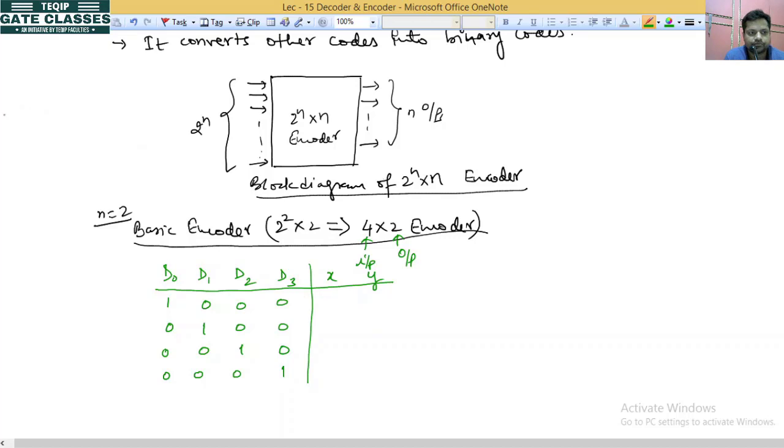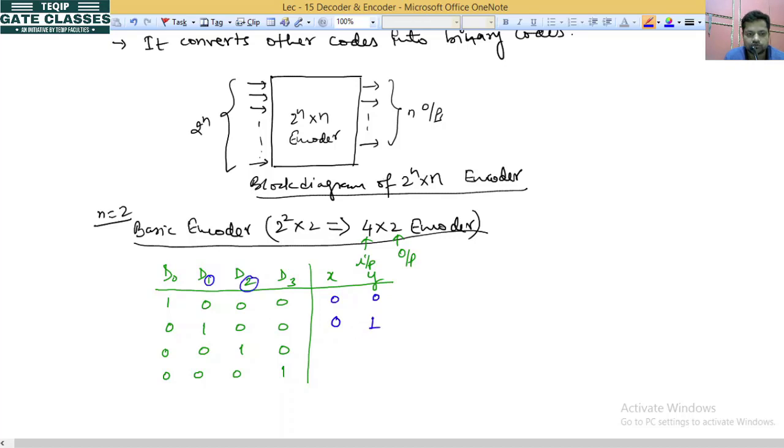So this D0 denotes which one? 0 code, 0 digit. Okay na, this D0 denotes digit 0. What will be the corresponding binary code? It will be 00. D1 denotes 1, so if you write it in binary, it will be 0 1.